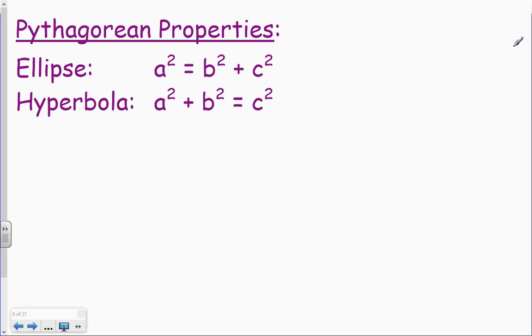Remember that a is the major radius, the larger one of the two, so that's why a squared is equal to b squared plus c squared. Notice it's slightly different for the hyperbola, because the focus is the point that's furthest from the center. So it should make sense that in that case, a squared plus b squared is equal to c squared, the largest of those values. Those are the Pythagorean properties.